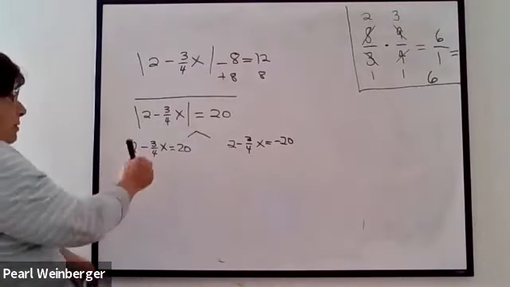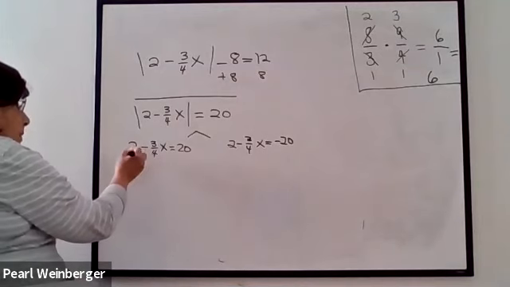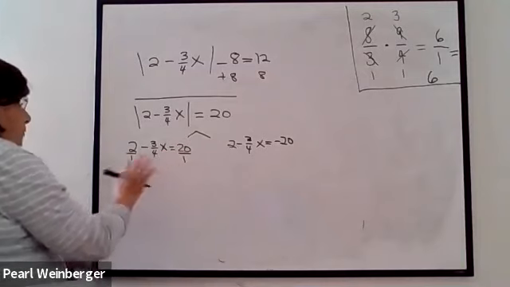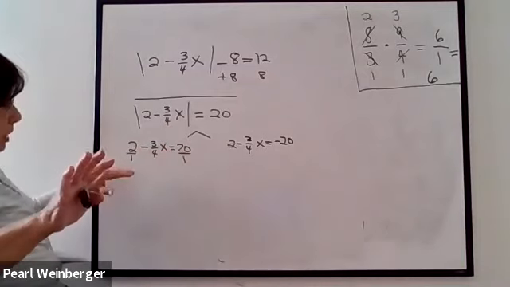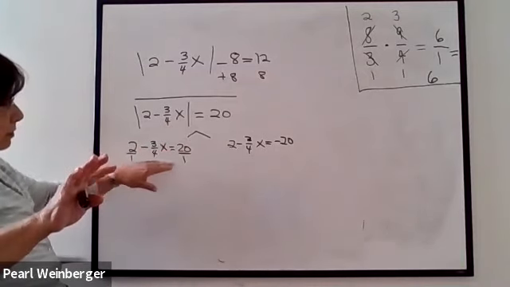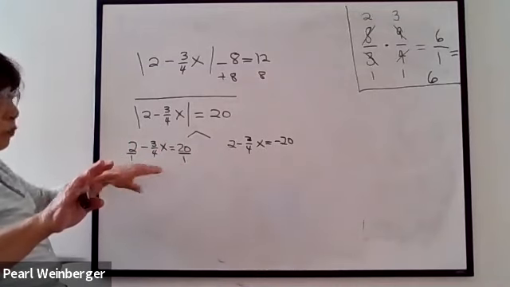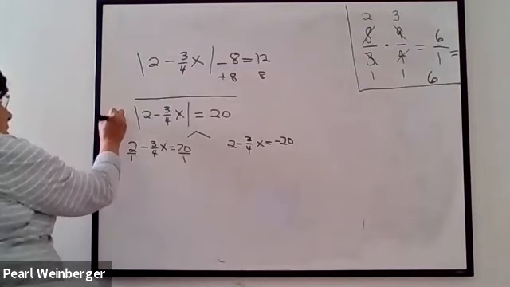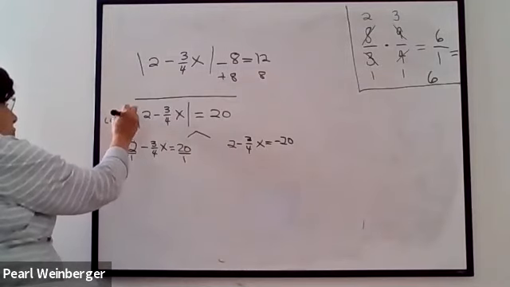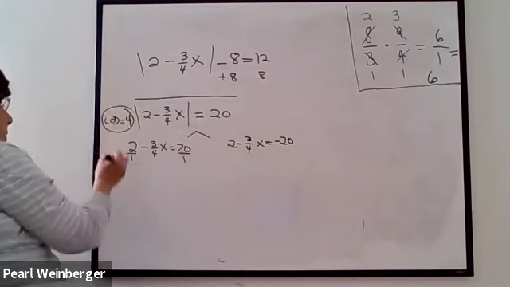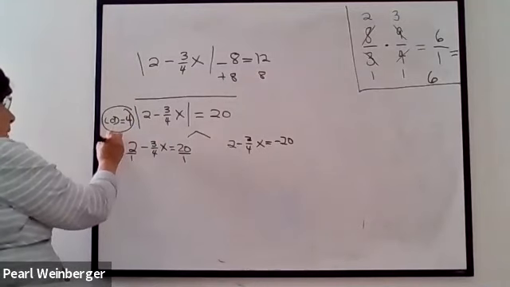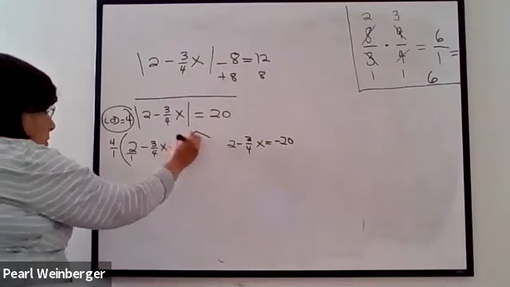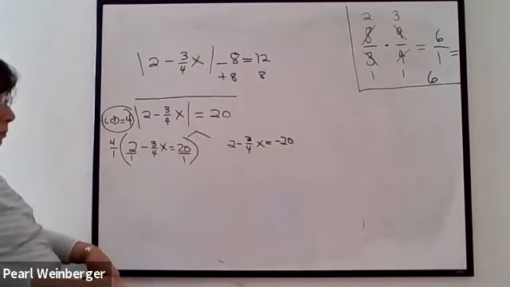In this case, I see there's a 4 in the denominator, so I'm going to make this a 1 and this a 1 so that everything's fractions. And the denominators I see are just 4 and 1, so that the LCD is going to be 4 times 1, which is just 4. I'm going to multiply this whole equation by 4 over 1.